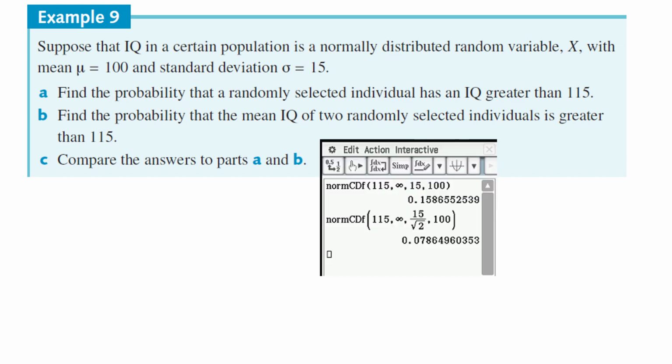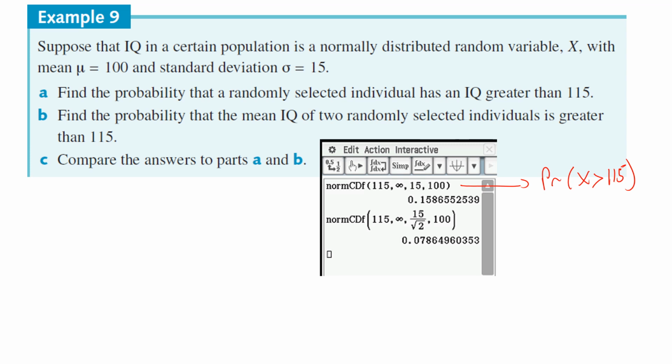So clearly for part A, it's just that straight out norm CDF, the probability that x is greater than 115. I might even mark that down. Let's just grab our pen. So this is, of course, the probability that x is greater than 115, where x is a randomly selected person from the population.